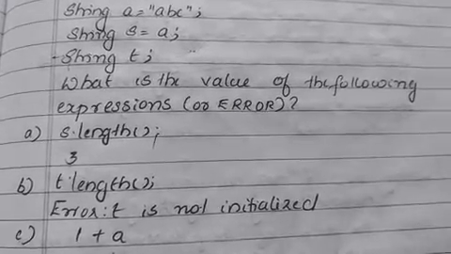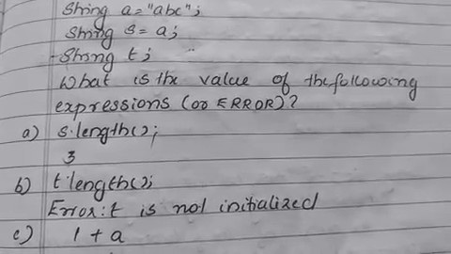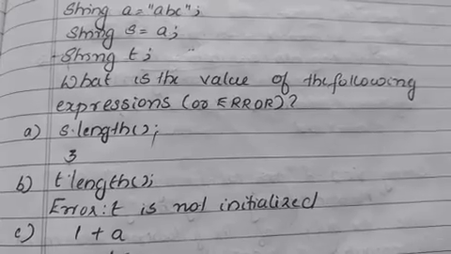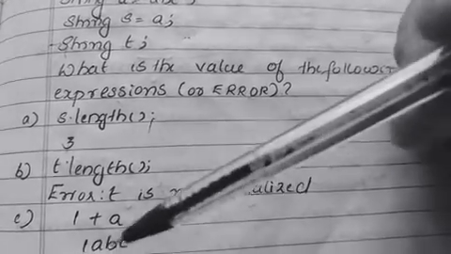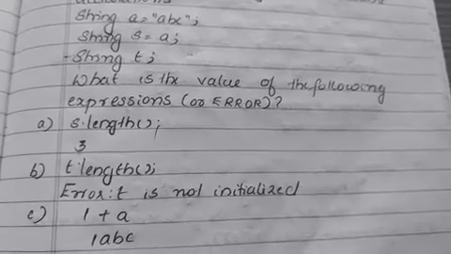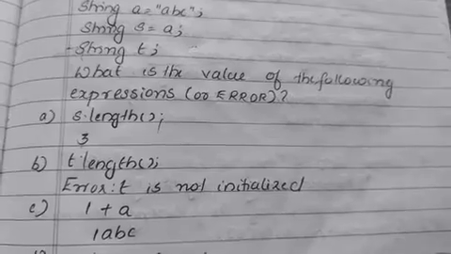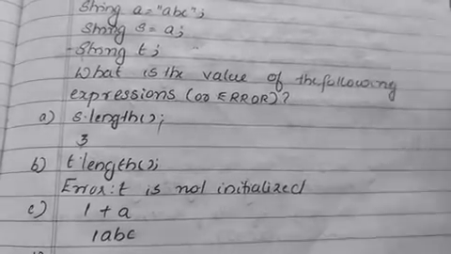Automatically the plus operator acts as a concatenation operator. Both the values are concatenated, or joined, without any space. So 1ABC is the result. Automatically the integer value is converted to string type; higher type conversion happens here.